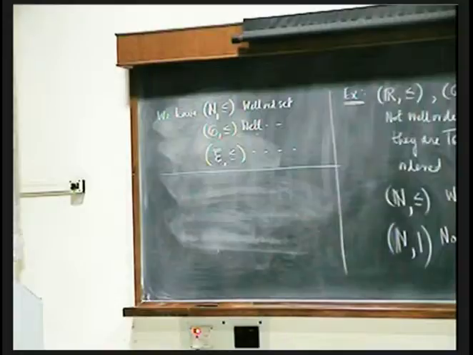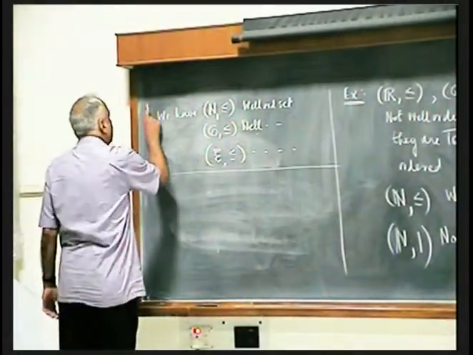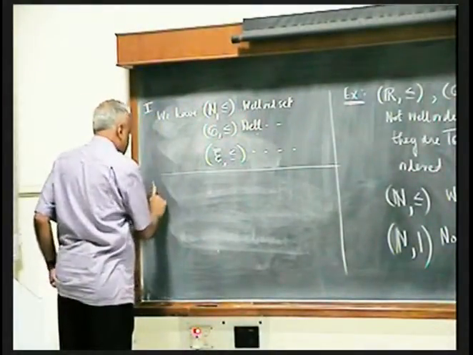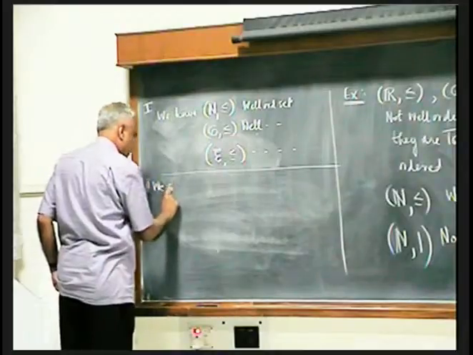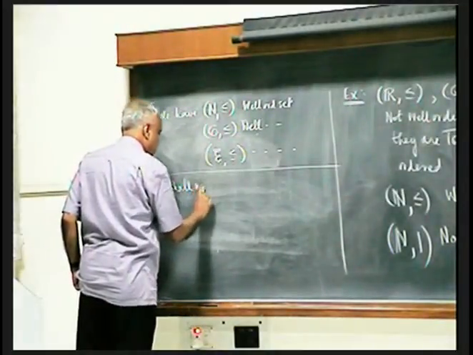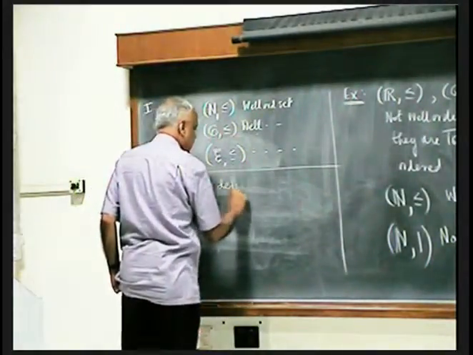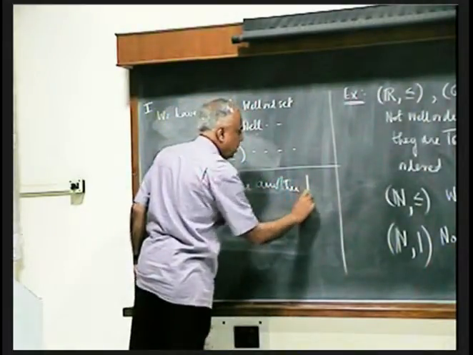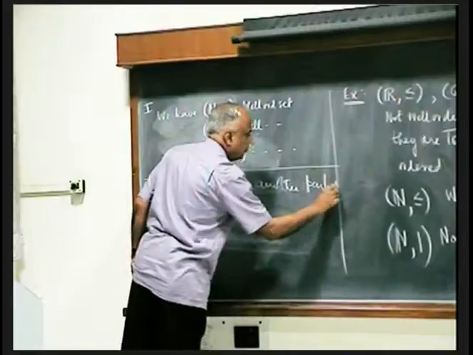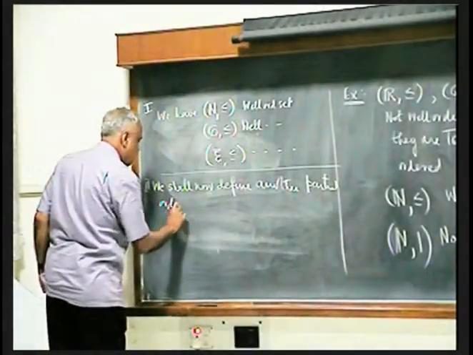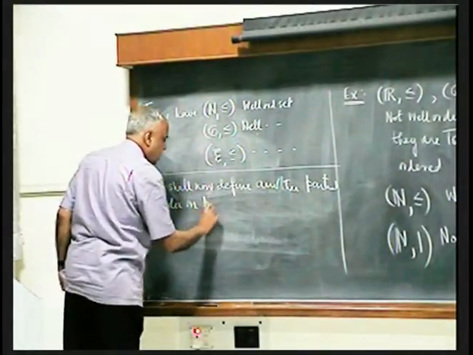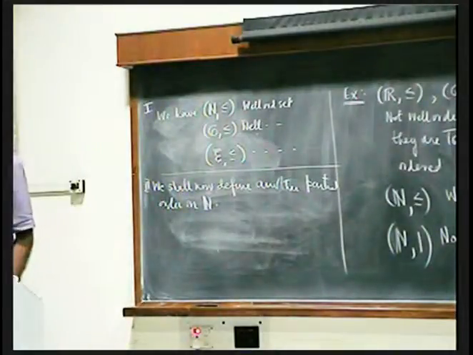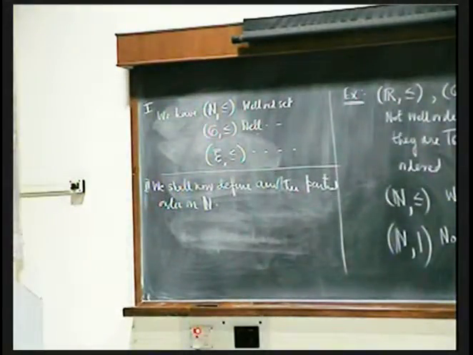I suppose I gave this example last time. We shall now define another partial order on N, the set of all natural numbers.